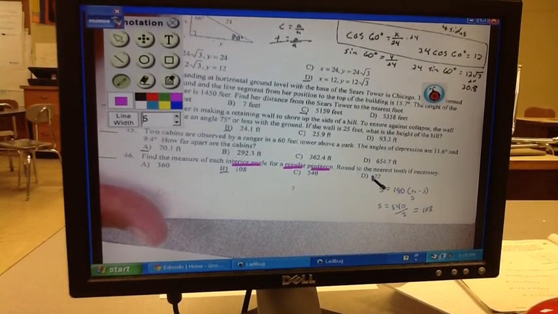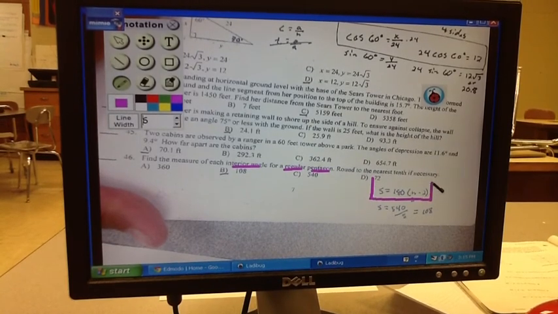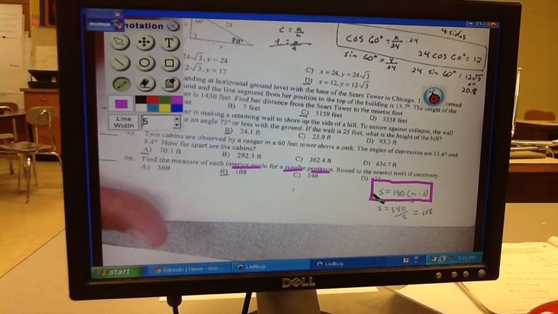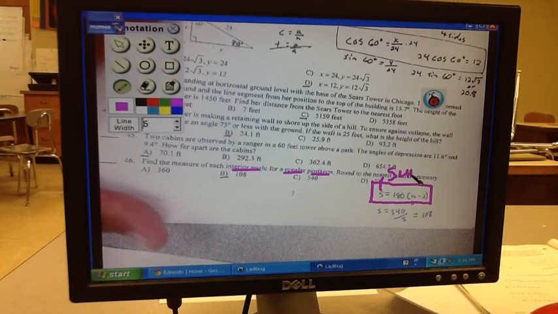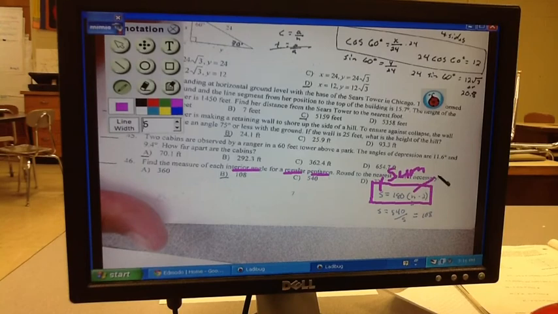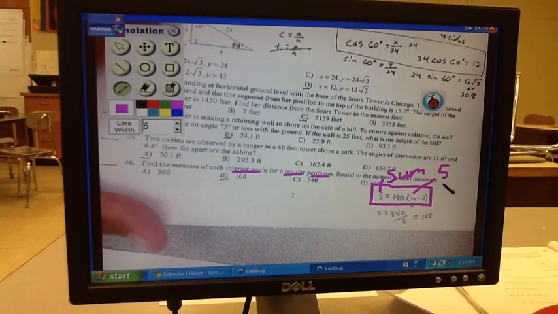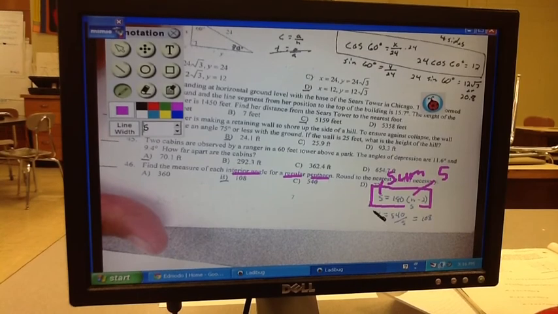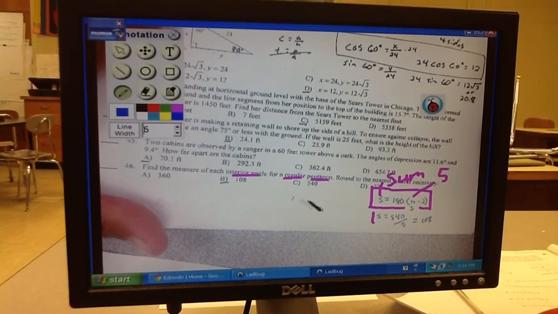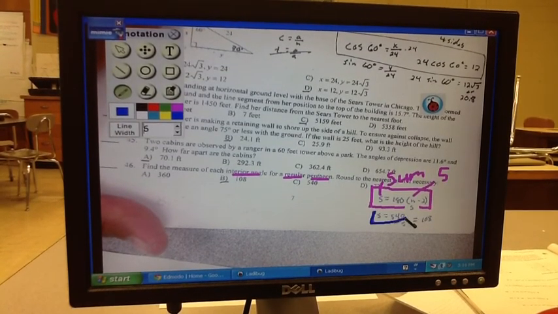Alright, don't forget that magic formula. S equals 180 times n minus 2. That's going to tell us, remember, the S is the sum of all the angles. The n is the number of sides, which in this situation is 5. I think I even got 5 written there. So plug my 5 in, found out the sum of all the angles ended up being 540.